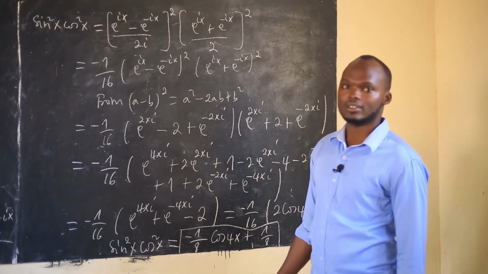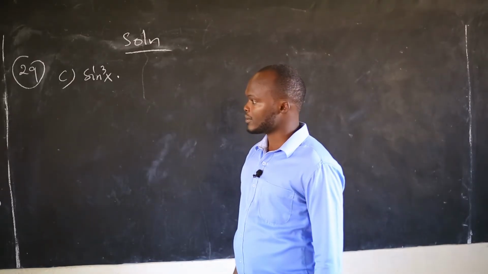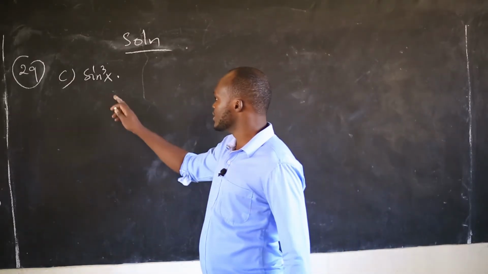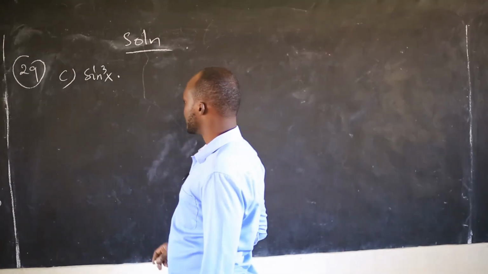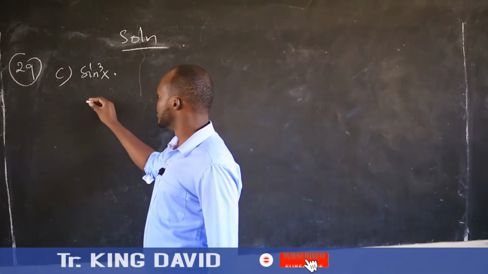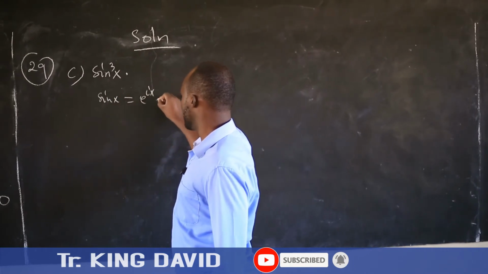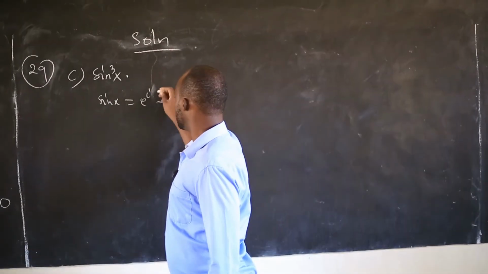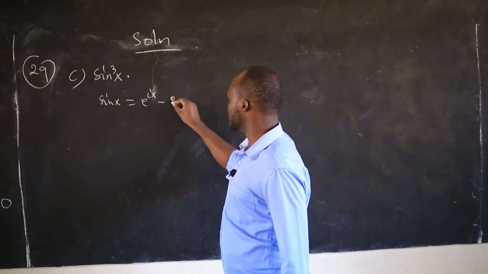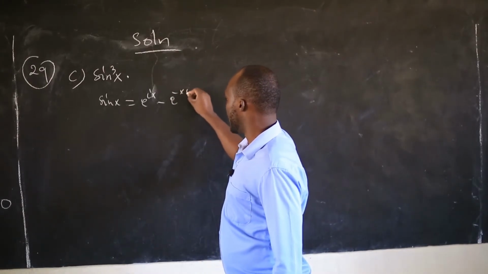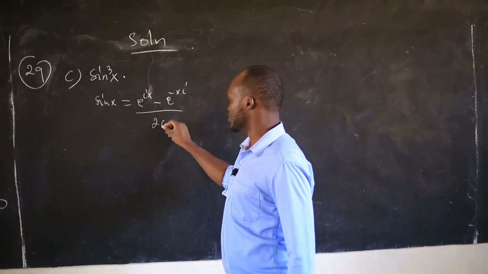29C. So now we are on number 29C, which is sine power 3x. We have seen that sine x is the same as e power ix minus e power negative ix over 2i.